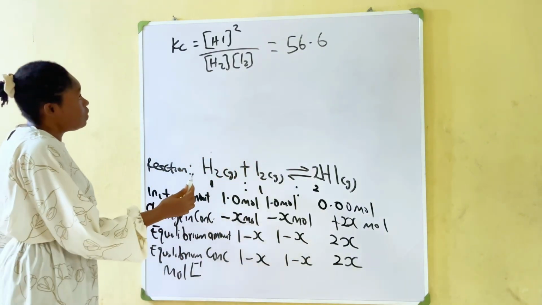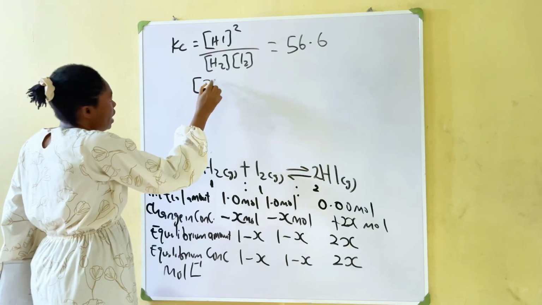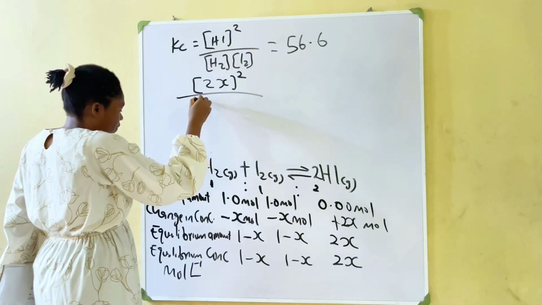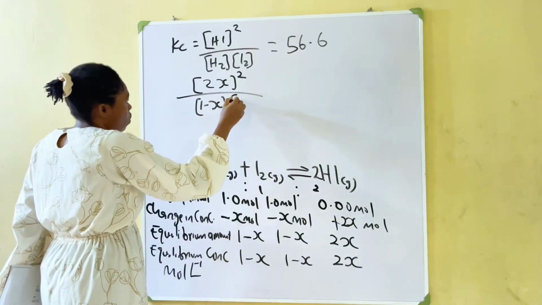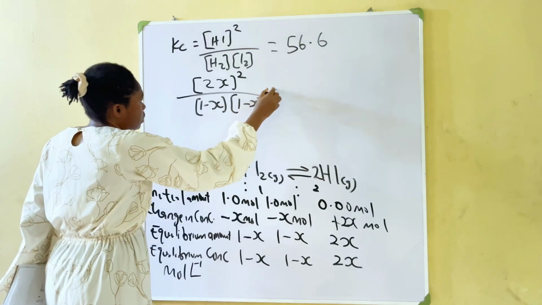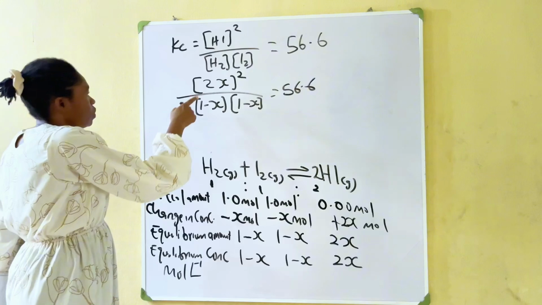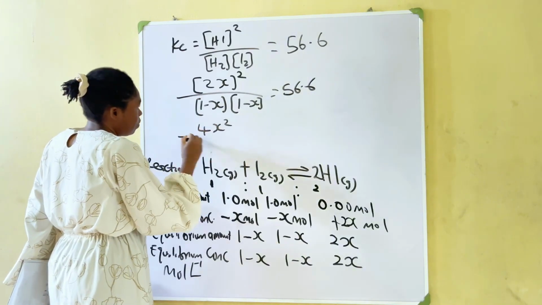So I'm going to substitute this value. 2x squared over 1 minus x times 1 minus x equals 56.6. So 2x squared is 4x squared.